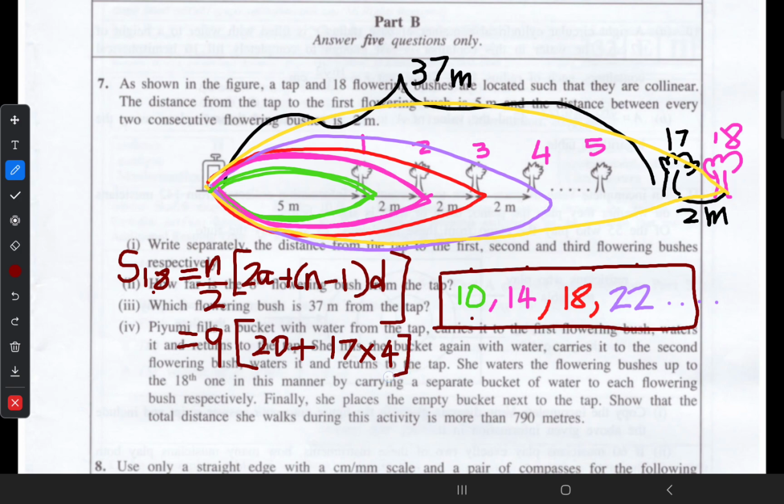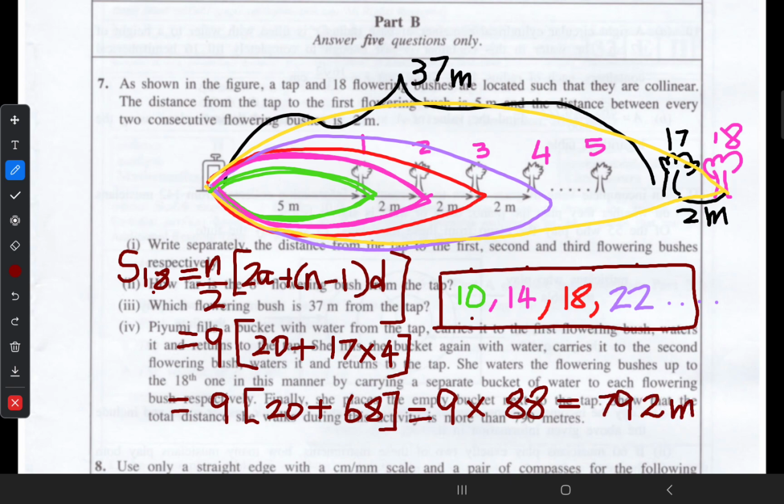So thereafter 9 times 20 plus 17 times 4, that is 68. Then 9 multiplied with 88 would be 792 meters. Totally, by going, watering, returning, likewise in this pattern, she totally covered 792 meters.